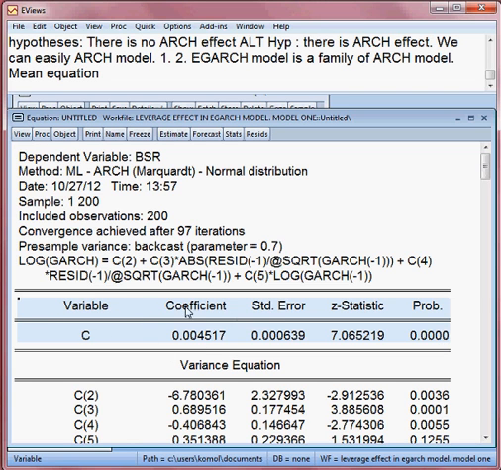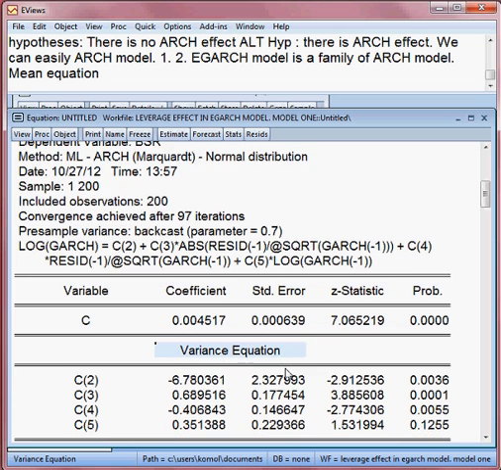Here the BSR is the dependent variable, so that is the mean equation. And the residual derived from this mean equation has been used in the variance equation.